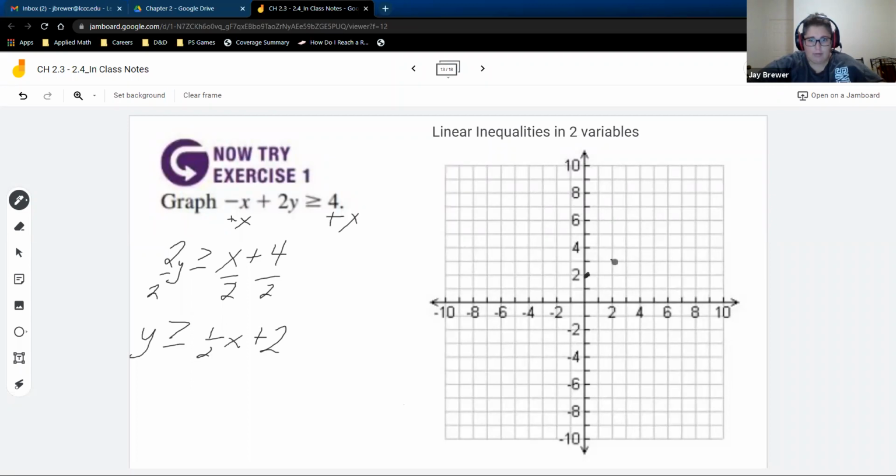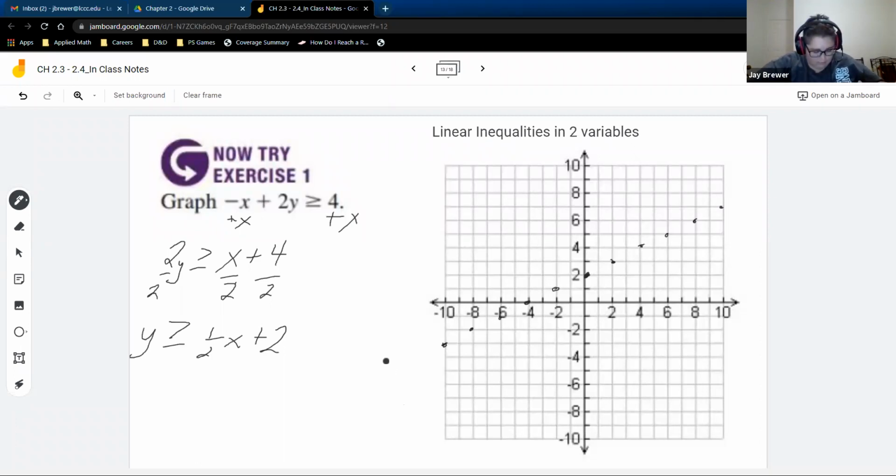Up 1 and to the right 2, up 1 and to the right 2, and going the other way, down 1, left 2, down 1, left 2. Okay, so that is our general line there.